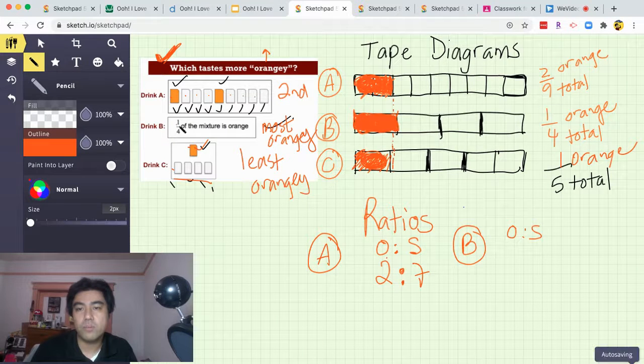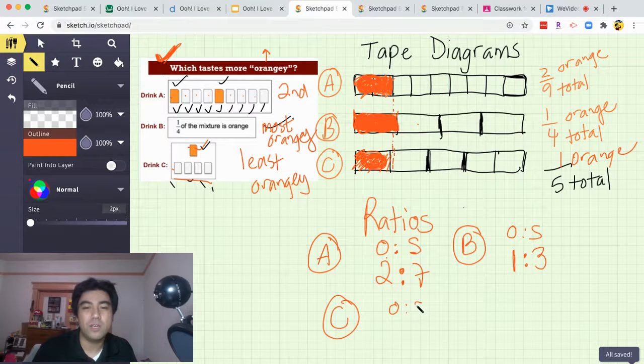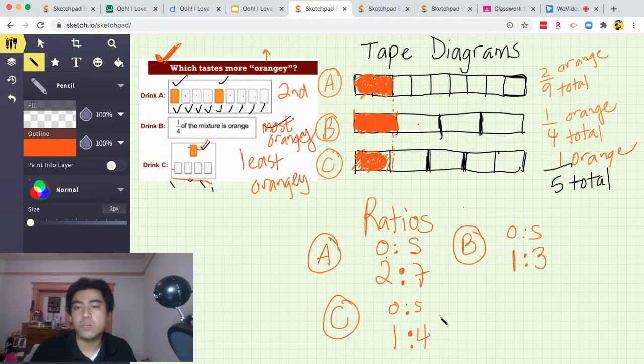And then for letter B, in terms of orange and soda, you might say, oh hey, there's 1 part orange for every 1, 2, 3 soda. Notice that I used the tape diagram to help me with that ratio. And then for letter C, there's 1 orange to 1, 2, 3, 4 parts soda. So 2 for every 7, 1 orange for every 3 soda, 1 orange for every 4 soda.